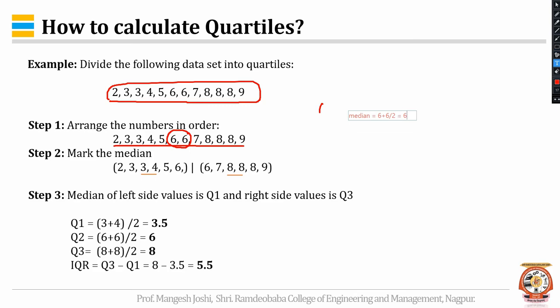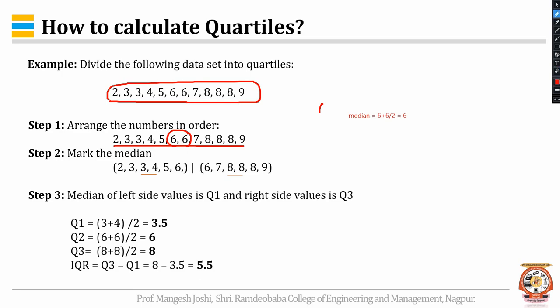You have marked the median, and next you have to divide this data set into two parts if it is an even number. So you have obtained 6 values on the left side and 6 values on the right side.